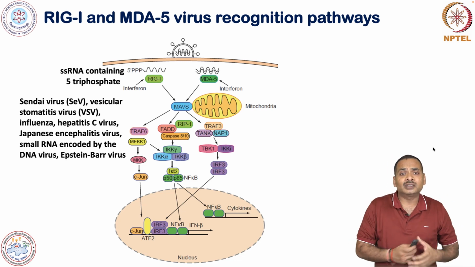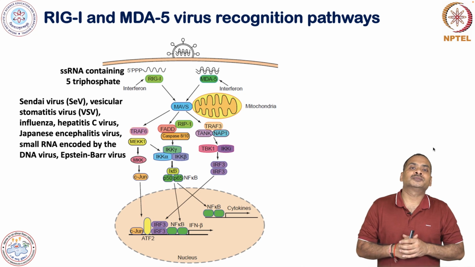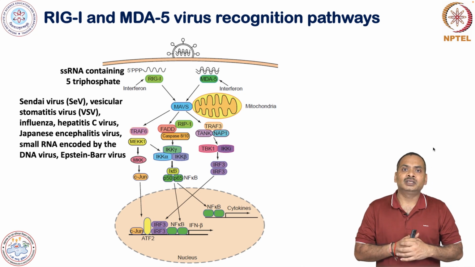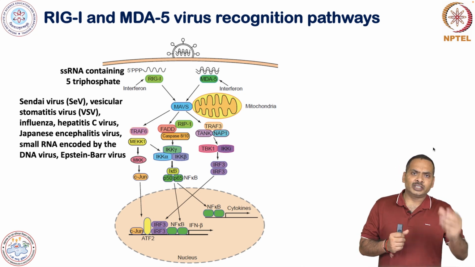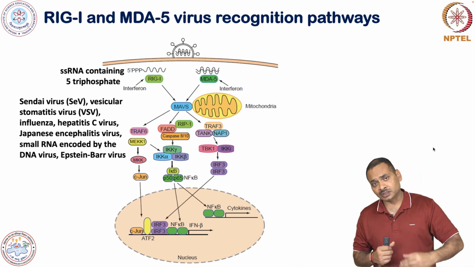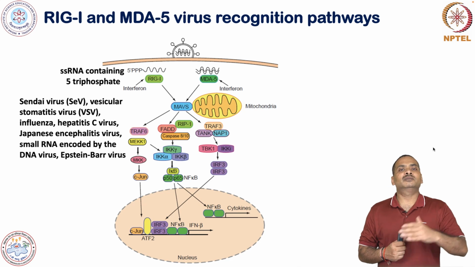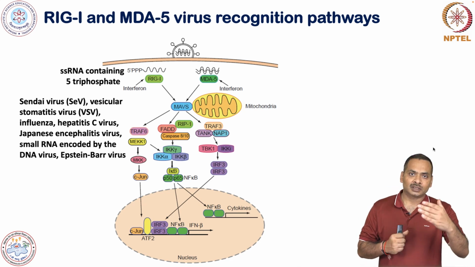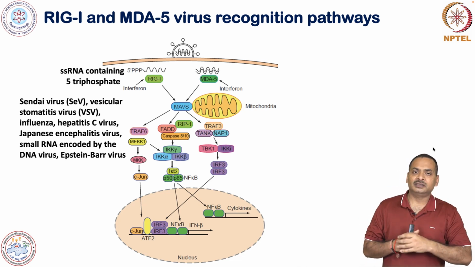Epstein-Barr virus is basically a DNA virus, and during replication it makes small stretches of RNA, and these small stretches of RNA can be sensed by the RLR, meaning RIG-I.